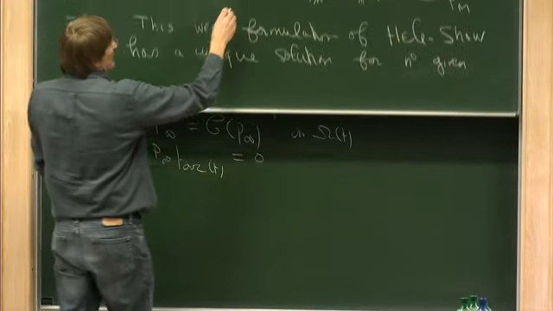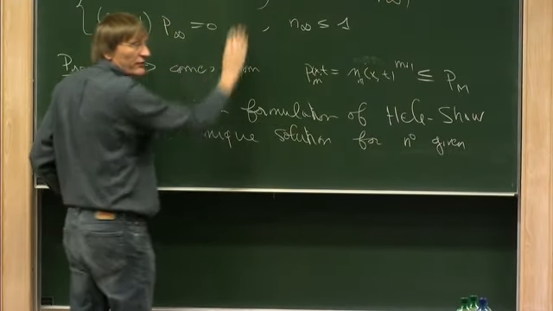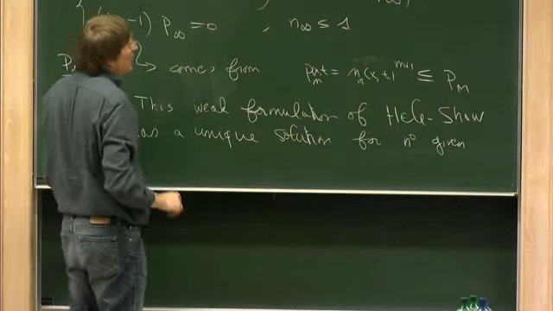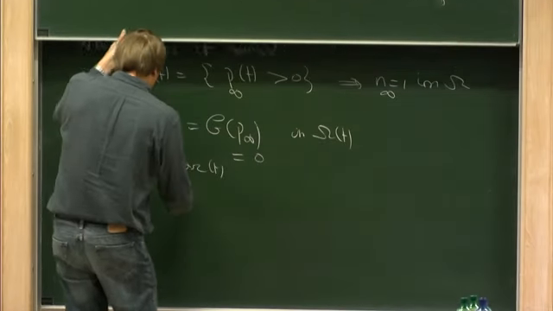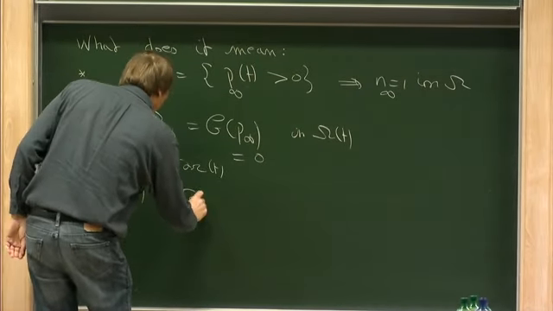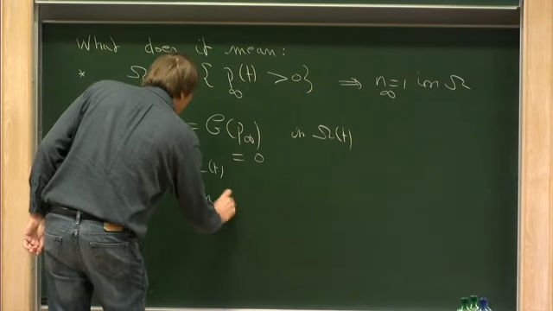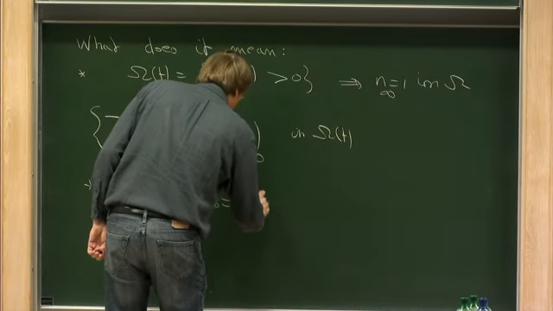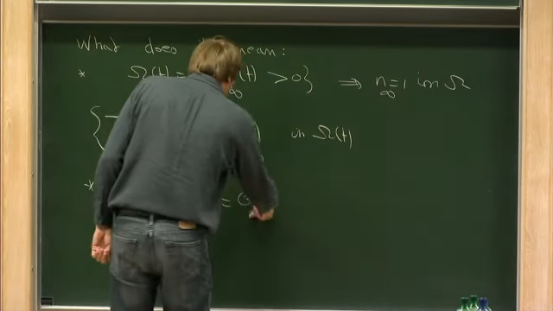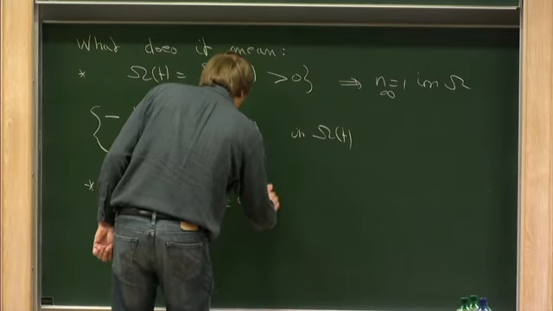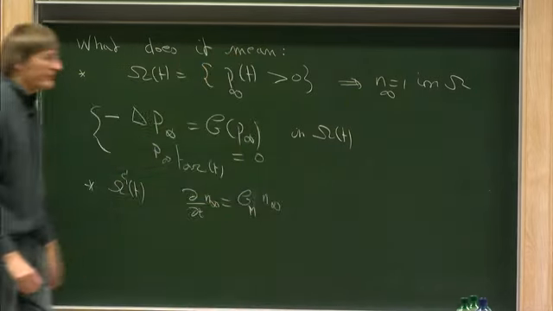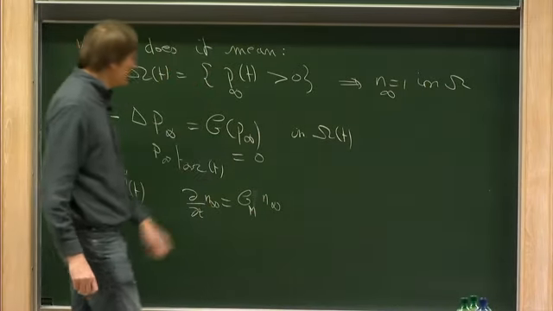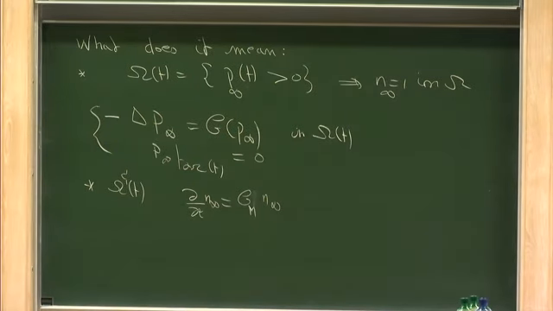If the pressure is 0, the gradient of the pressure is 0 heuristically, and this term disappears, and so now you get d over dt n equal g, and p is 0, so this is g times n infinity. So exponential growth by not only differential equation. So the maximum growth, which is what you obtain for p equals 0.